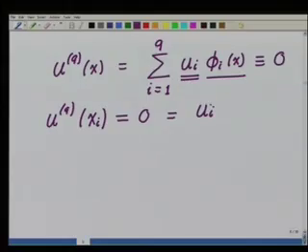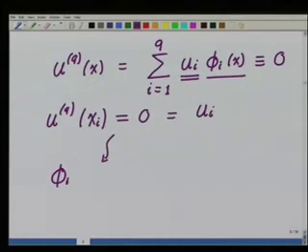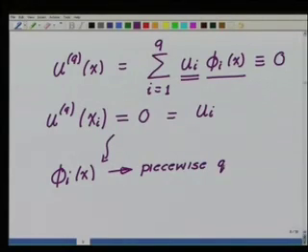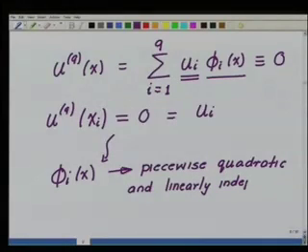This will be equal to ui. So if I do this for all the 9 nodes we have in the domain, what do I get? That from this condition, that u9 is equal to 0 everywhere, we get that all the coefficients ui are 0, which means that the phi's are, these will be called piecewise quadratic, that is, in every element they are quadratic and linearly independent.